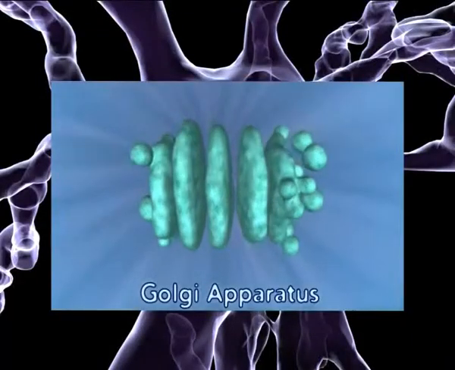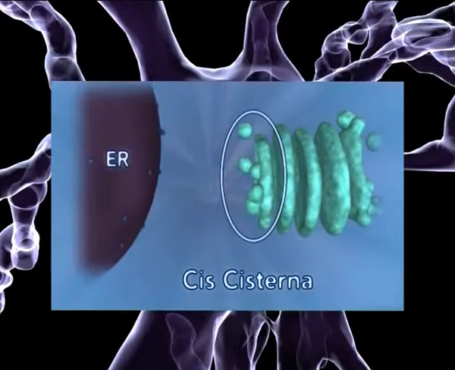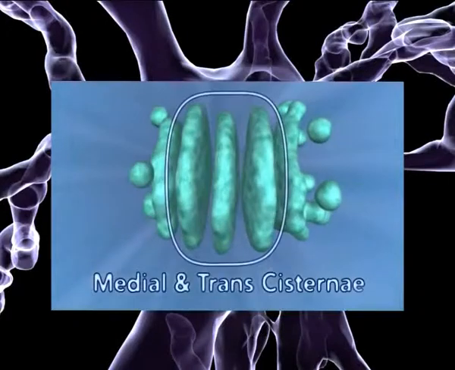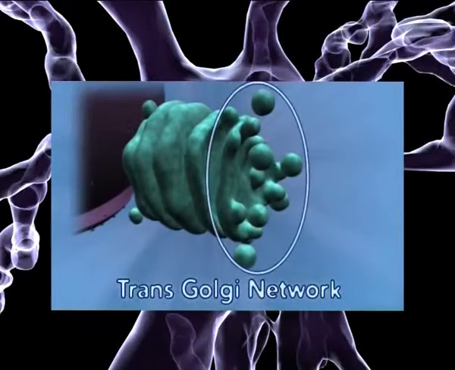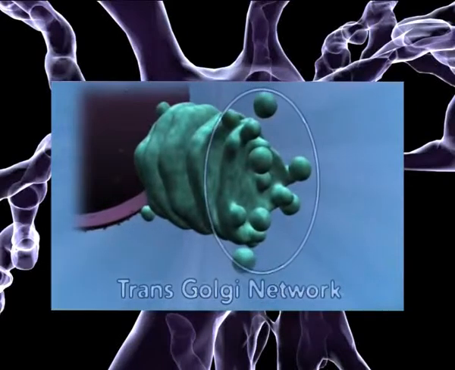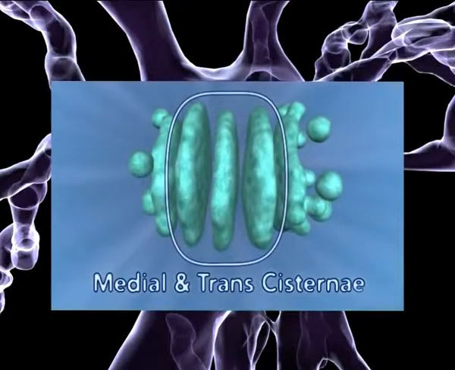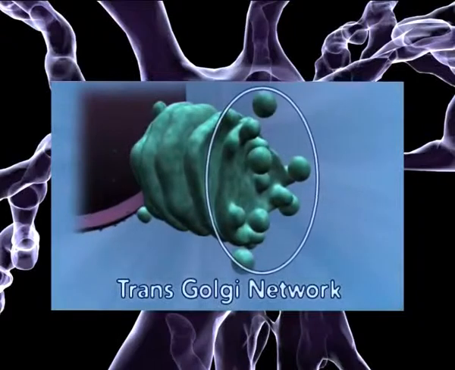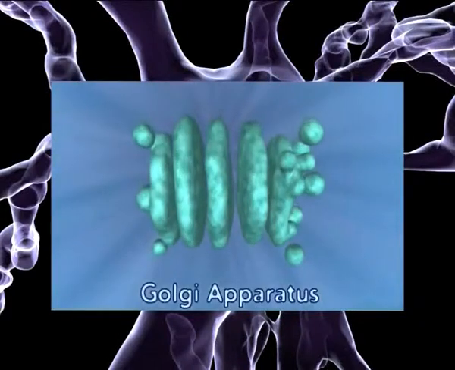Each Golgi stack has 2 distinct ends or faces. The cis face of a Golgi stack is the end of the organelle where substances enter from the endoplasmic reticulum for processing, while the trans face is where they exit in the form of smaller detached vesicles.